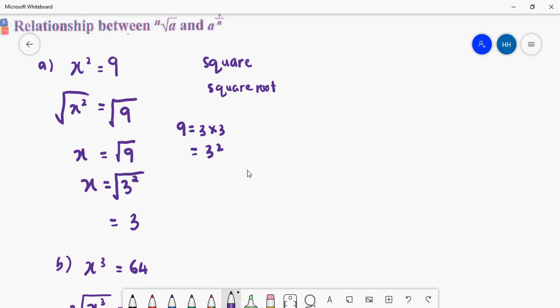by raising the index number to the power of its reciprocal. What is reciprocal? Reciprocal, for any number a, is equal to 1 over a. So what I mean by raising the index to the power of its reciprocal, I'll discuss with example A. You have x square equals 9.